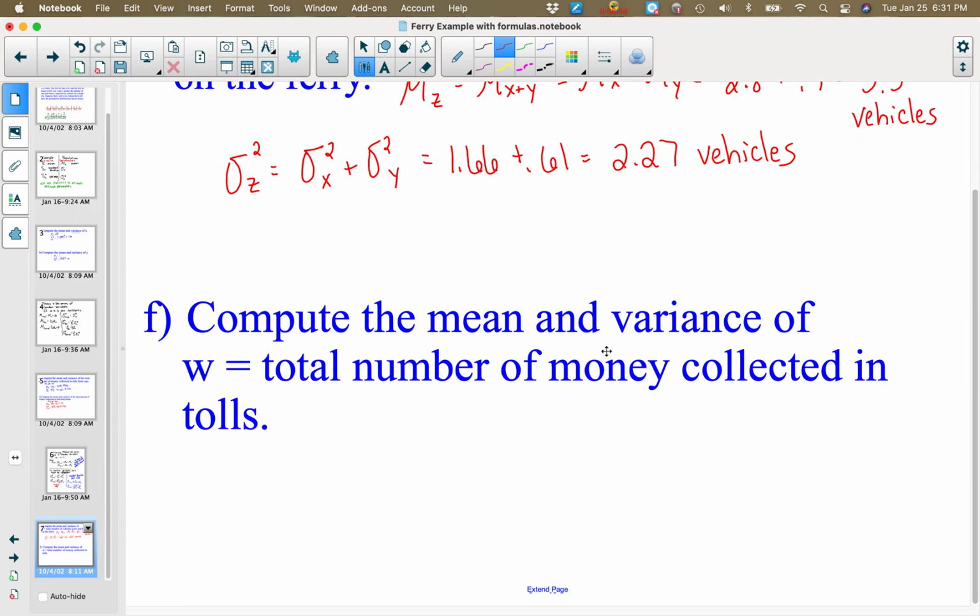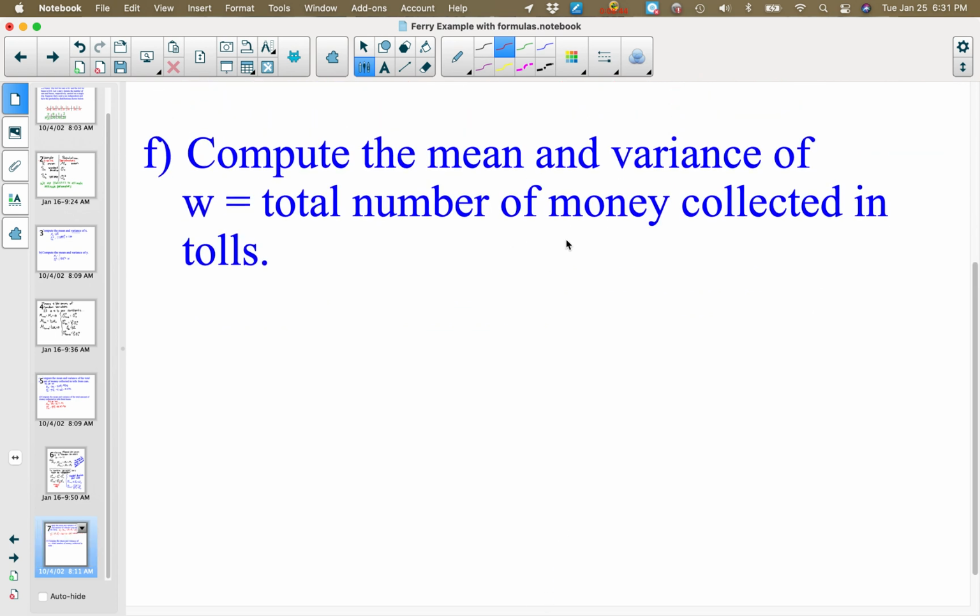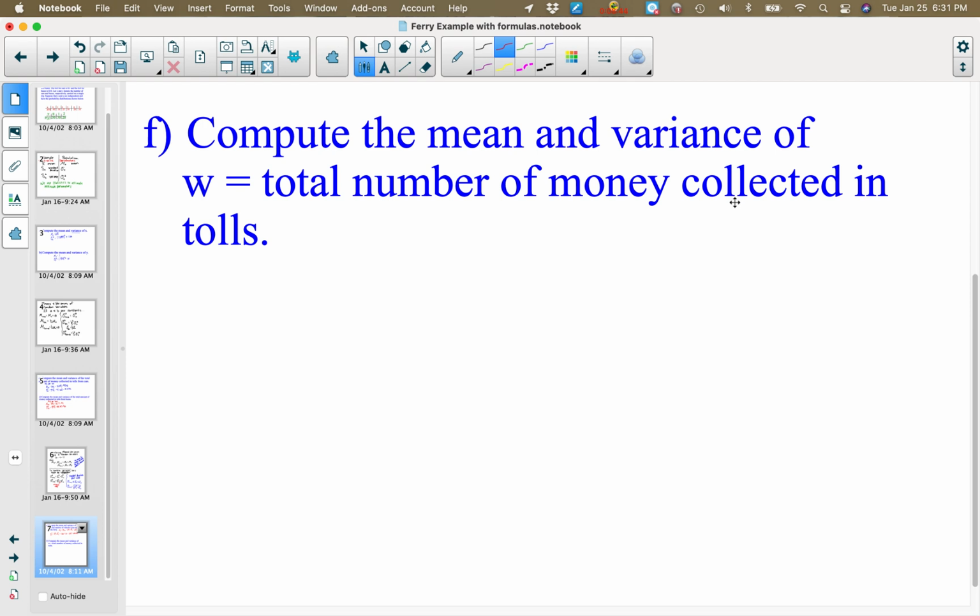So then the next one, compute the mean and variance of W, which is the total number, or amount would be better, of money collected in tolls. So I'm going to define W as 3 times X, because $3 for each car, plus $10 for each bus. So that's what we're looking at.